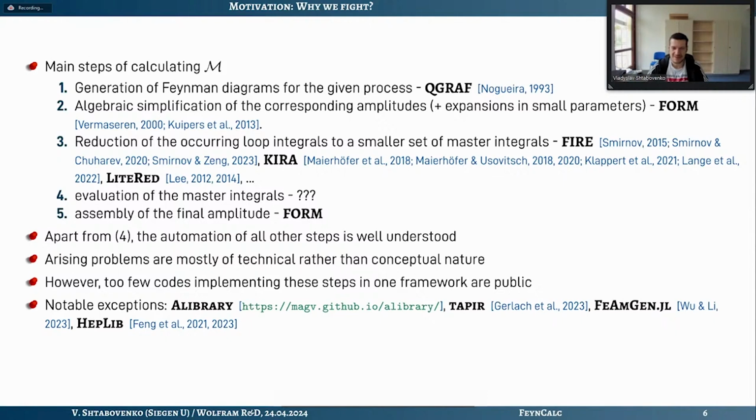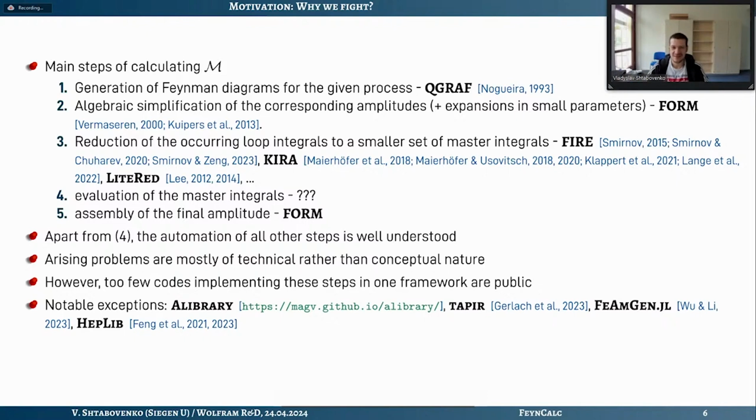Although, luckily, this is also starting to change in recent years, because there have been some codes published in the last couple of years that try to automatize some of the steps. And so one may hope that things are getting better with younger people coming who are more geared towards open source and public codes.